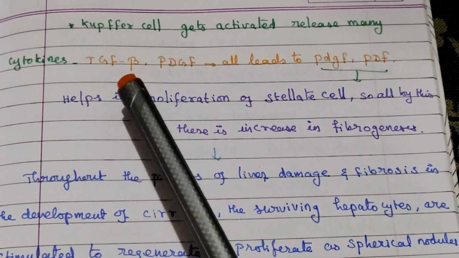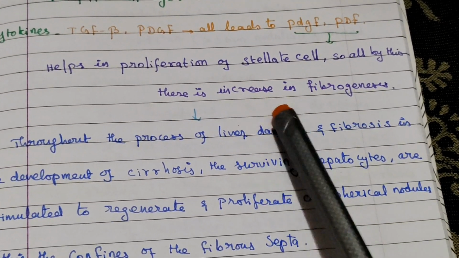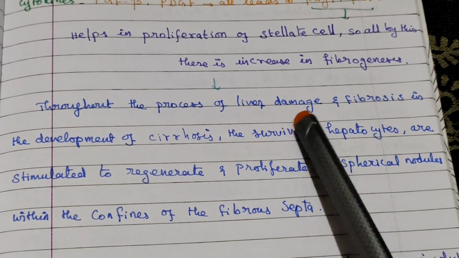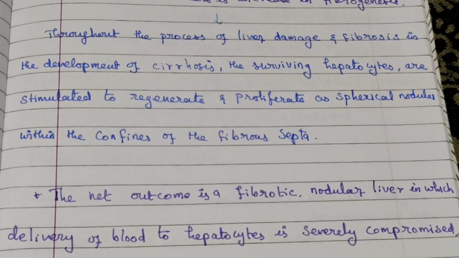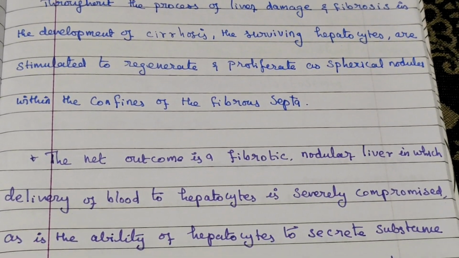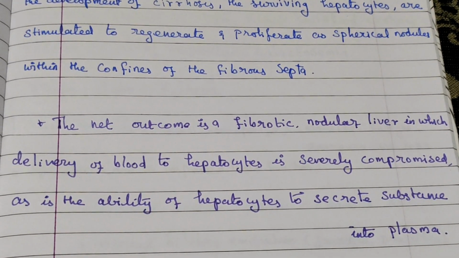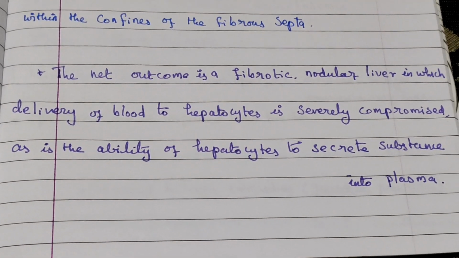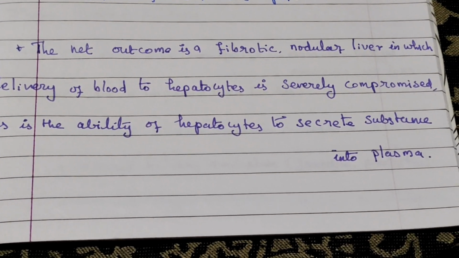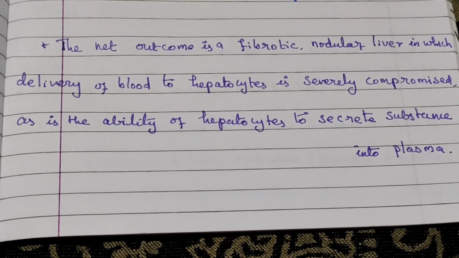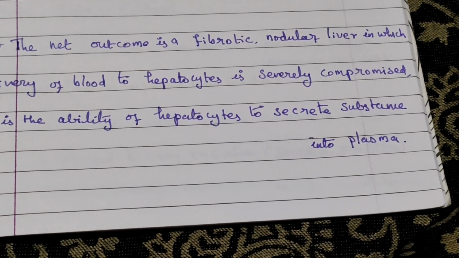So Kupffer cells release cytokines, which help in proliferation of stellate cells, increasing fibrogenesis. In the development of cirrhosis, the surviving hepatocytes are stimulated to regenerate as spherical nodules within the confines of the fibrous septa. The net outcome is a fibrotic nodular liver in which delivery of blood to hepatocytes is severely compromised, as is the ability of hepatocytes to secrete substances into plasma.